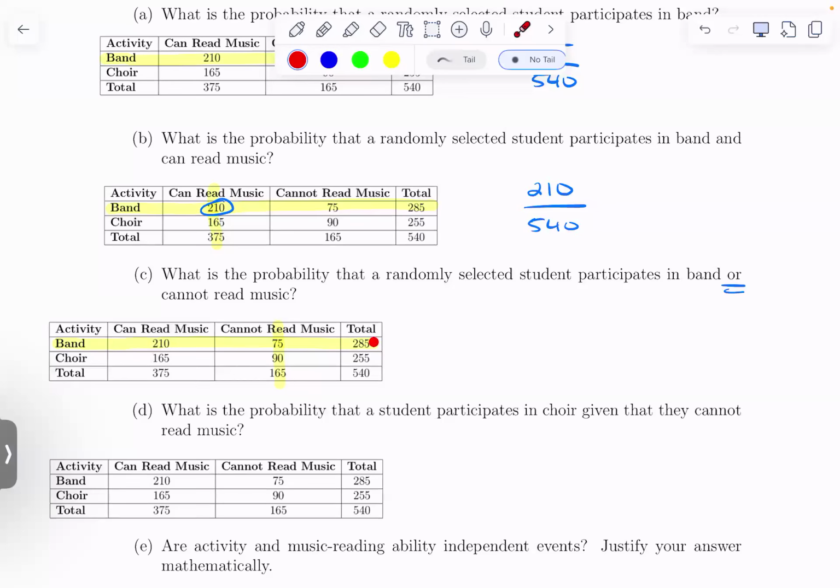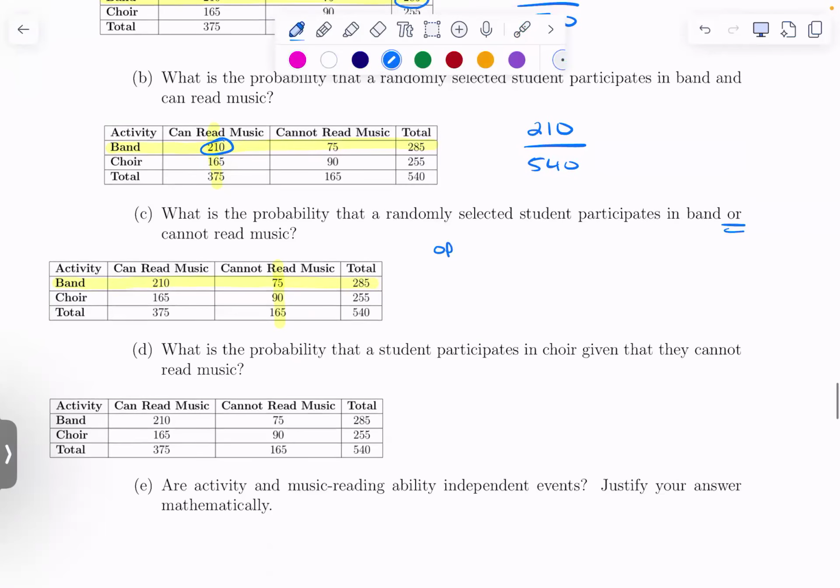You could take the totals, 285 and 165, and then subtract the overlap, 75. So option 1 is you could take your 285 and 165 and then subtract the 75 overlap. That's fine. Out of 540.